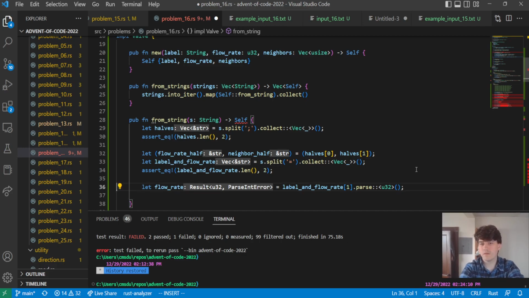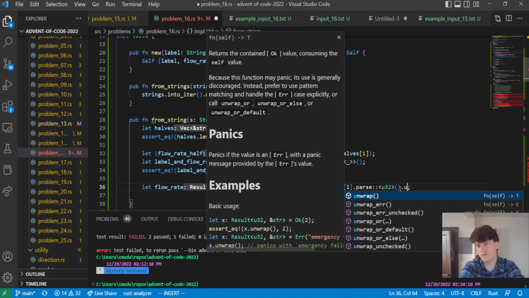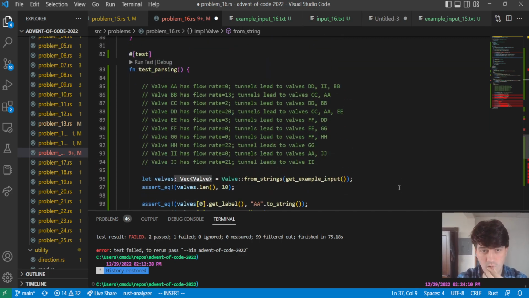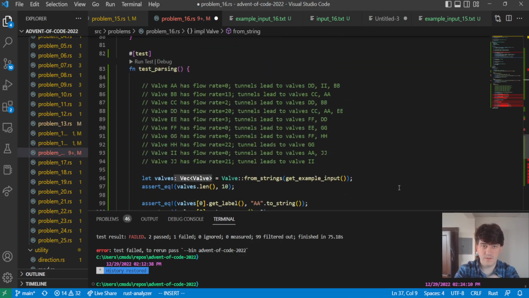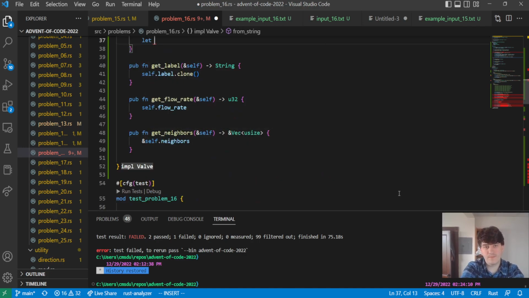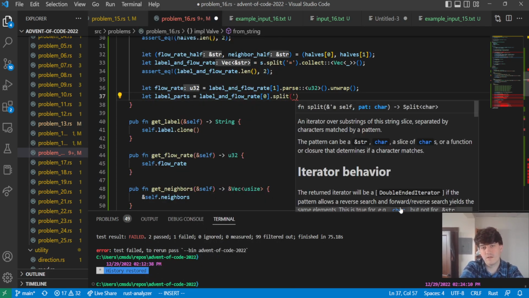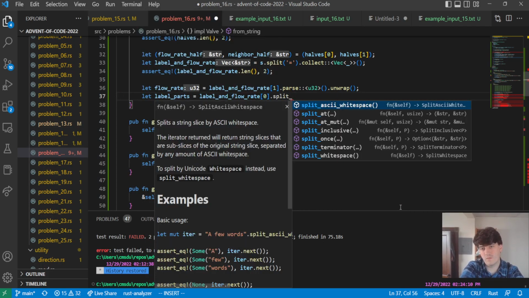And we can unwrap that. And then we want the label, which will be the second component out of 5 if we split on white space. So let label_parts be label_and_flow_rate[0].split on white space.